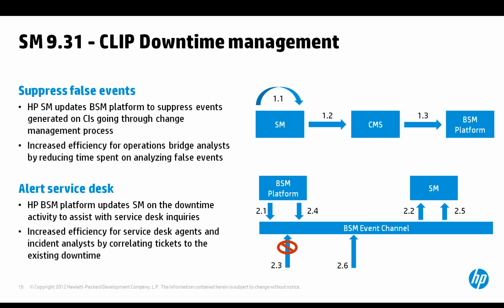So the last thing you want to do is generate automatically storms of incidents on those events that are not relevant because of planned downtime. So what we've added in that version of Service Manager 9.31 in relationship with the BSM platform is the ability to define this planned outage window, and during those windows, filter out the events coming from the BSM platform into Service Manager. And so that's what we added in Service Manager 9.31.